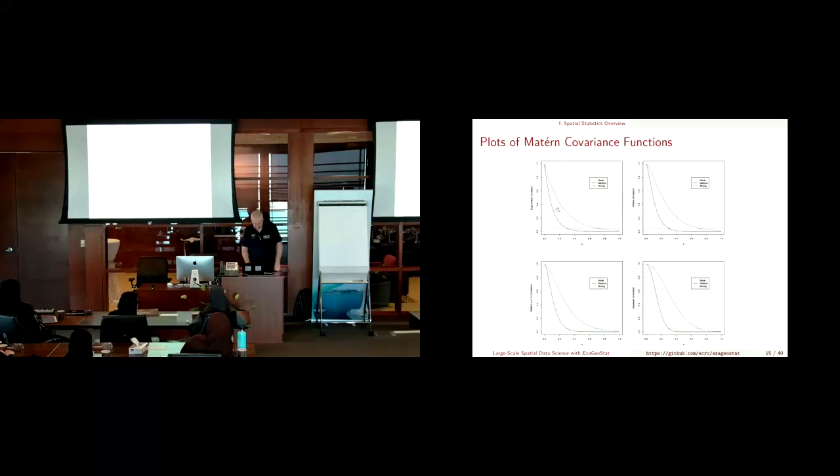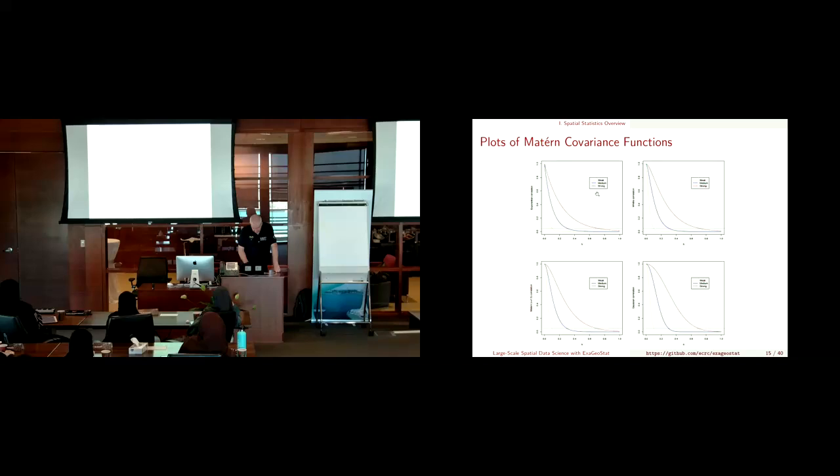This is plotted here. When nu equals 1, this is called the Whittle model, so it's plotted here. This is for nu equal 1.5, and this is the value of nu equal to infinity. In this case, the Matern model simplifies to what is called the squared exponential, so it's exponential of minus the square of the distance. In each plot, there are 3 curves, red, blue, and green.